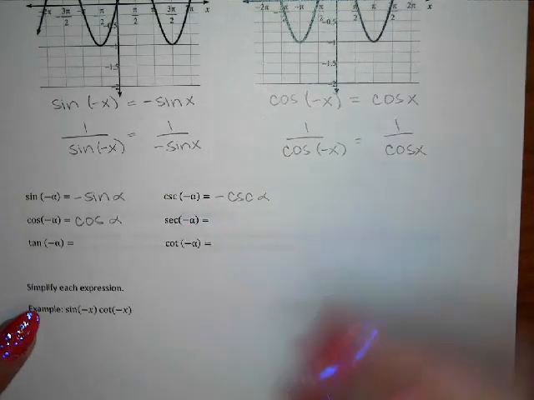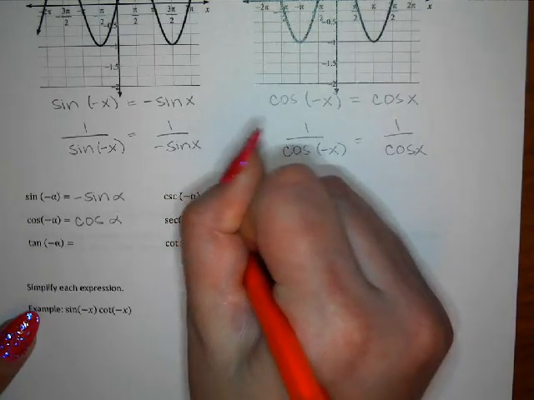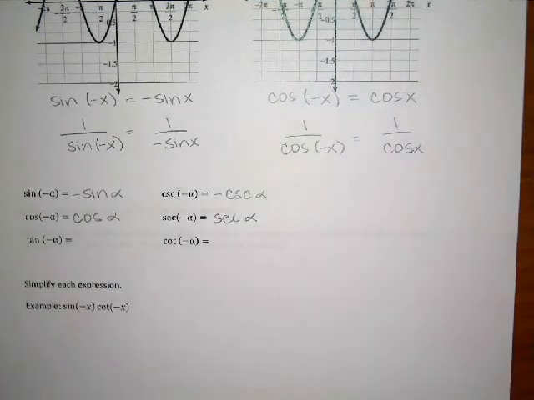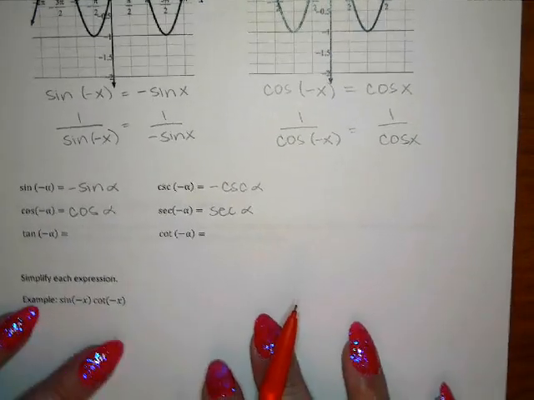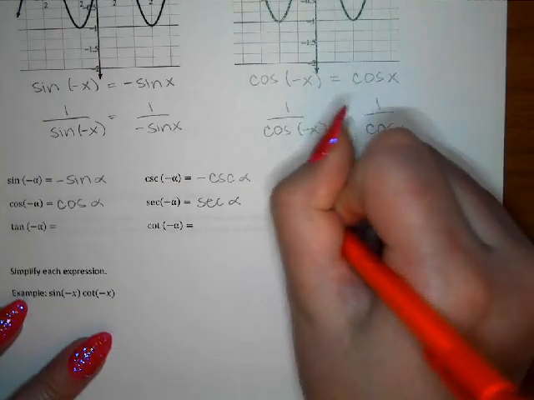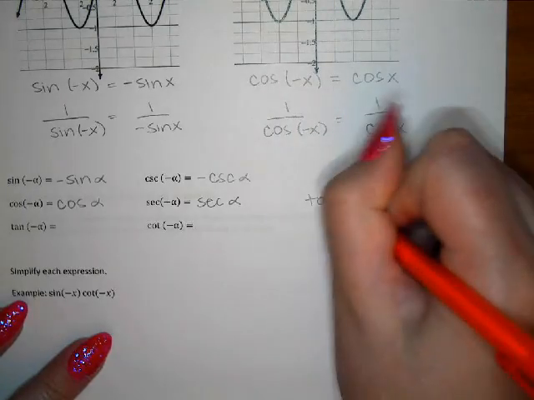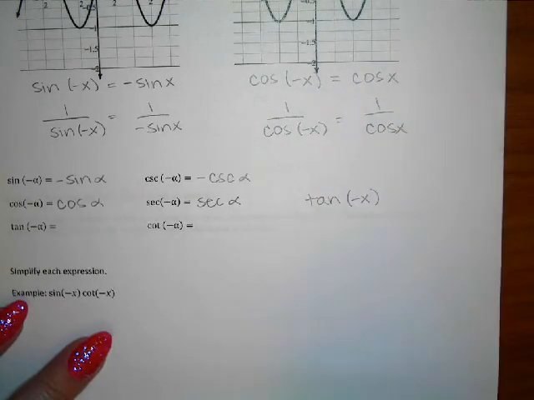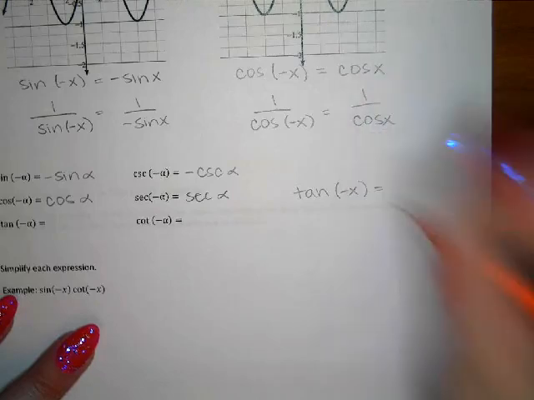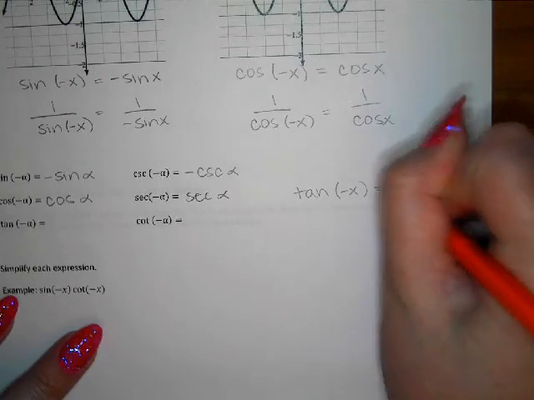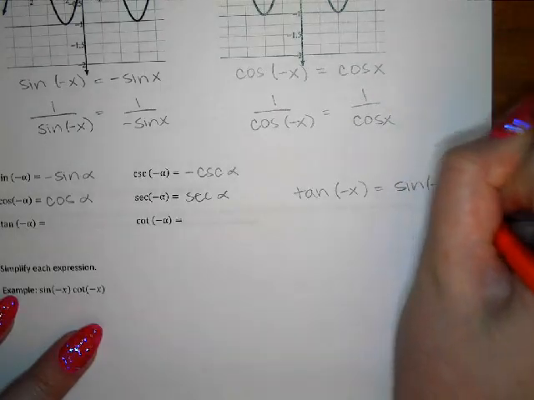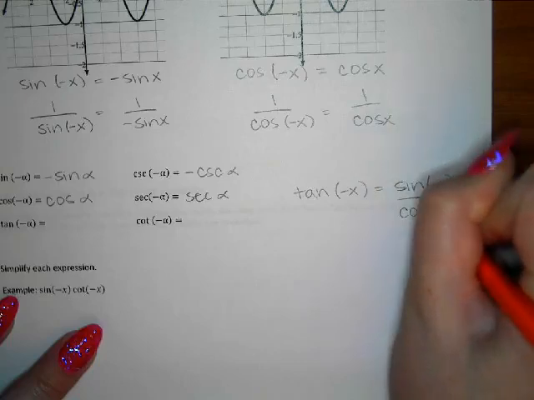All right, with tan, we have to think it through a little bit more carefully. If I think about taking tan and plugging in a negative x, what that means is I'm actually taking sine divided by cos, and I'm plugging a negative value into each of them. So that would be sine with a negative plugged in divided by cos with a negative plugged in. If I simplify that, sine of negative x is just negative sine x.